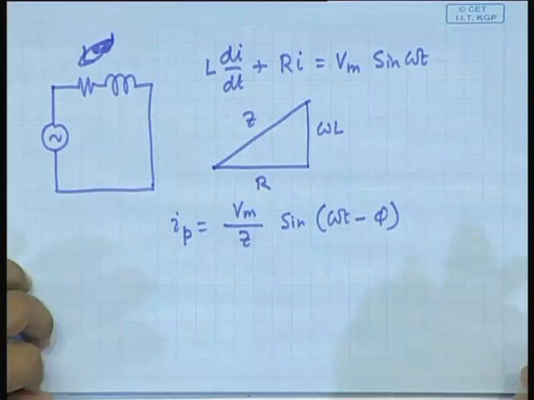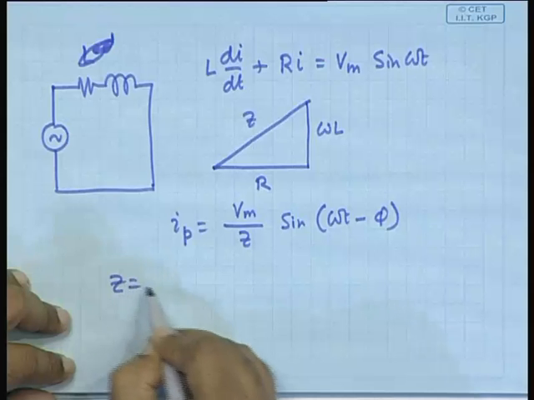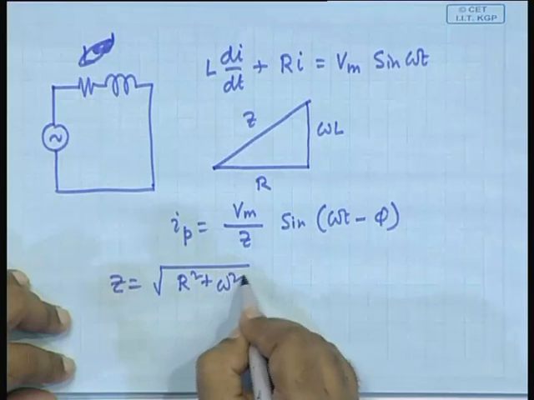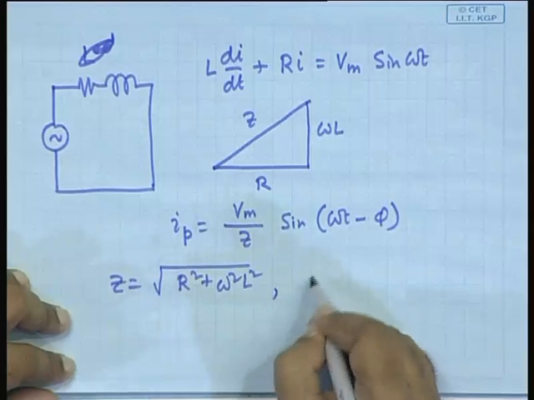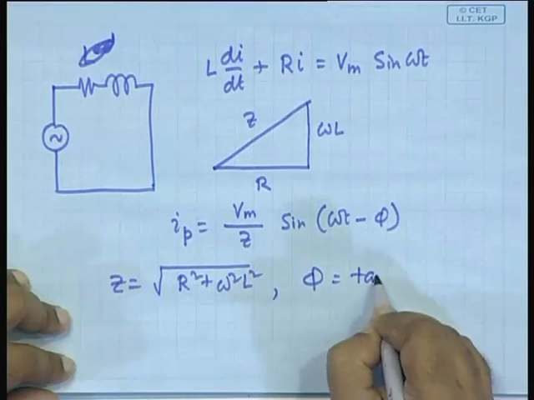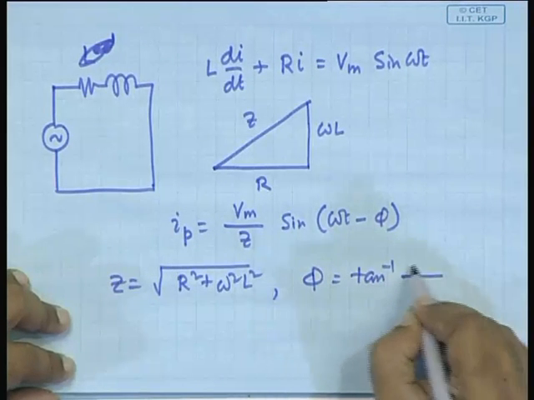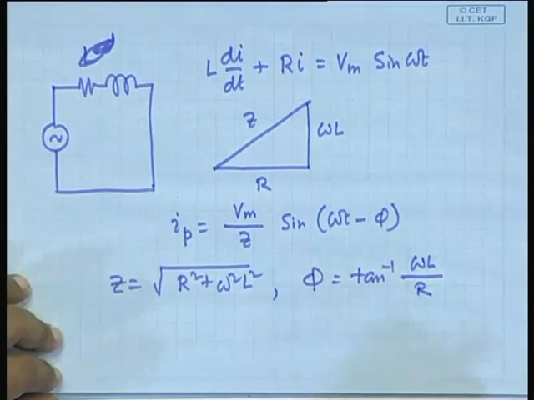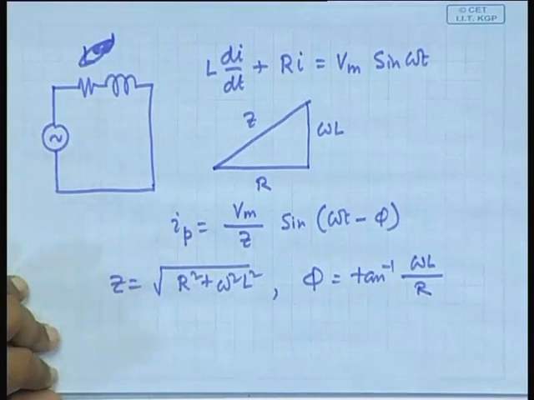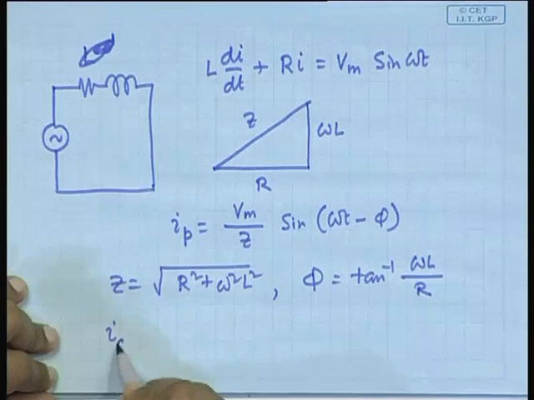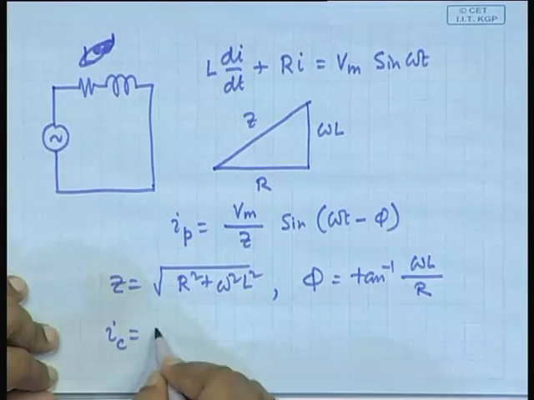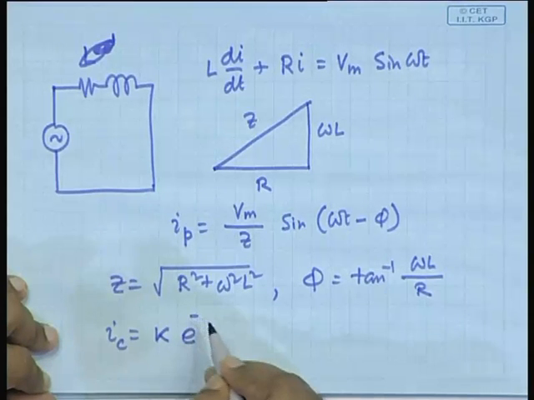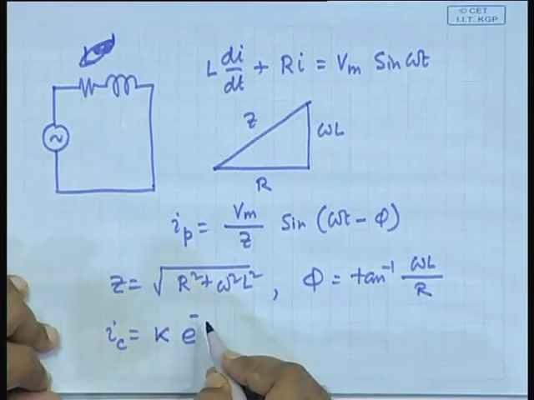And in this case, what is Z? And phi is... so there is no difficulty. The complementary function I c will again be a similar thing, k e to the power minus, what is the time constant now?